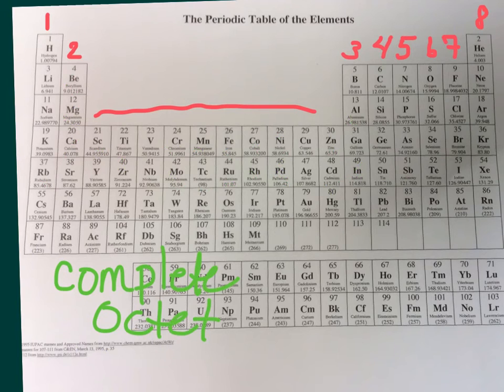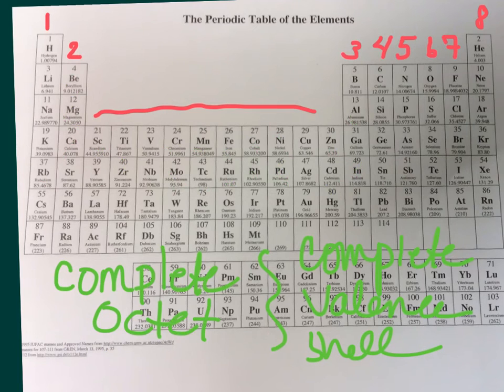Octet means 8, right? That means you have 8 electrons in your outermost energy level. And the only column on the periodic table to have 8 electrons in their outermost energy level are the noble gases. That's why we call them inert. It means non-reactive.